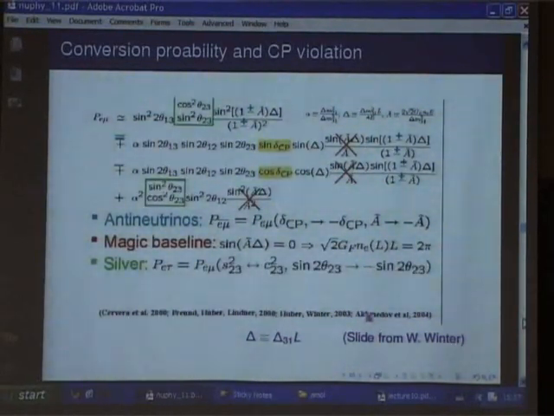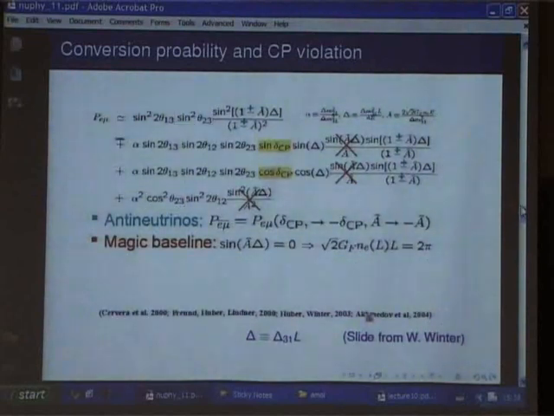So this channel, P_eμ, is actually what's called the golden channel. I'll tell you why golden. It's golden because if you can prepare the initial state well, and if you can detect the final state well, it's a golden channel. For detection, the muon is very easy. And for the initial flux, ν_e or ν̄_e is okay.